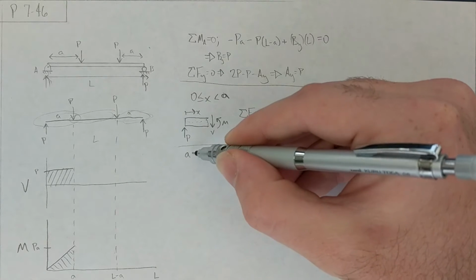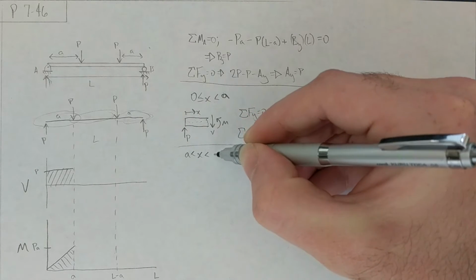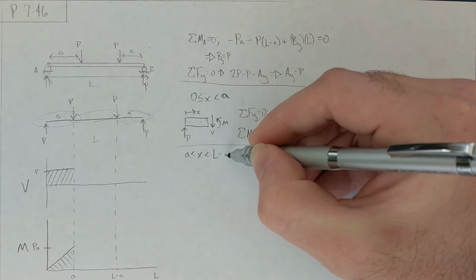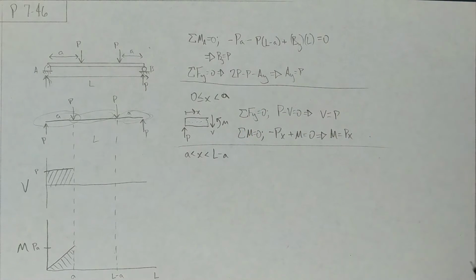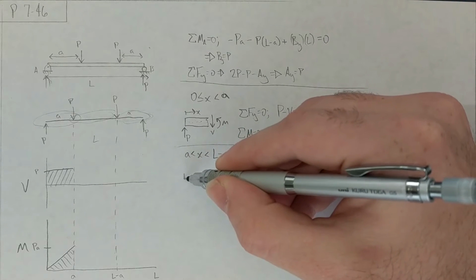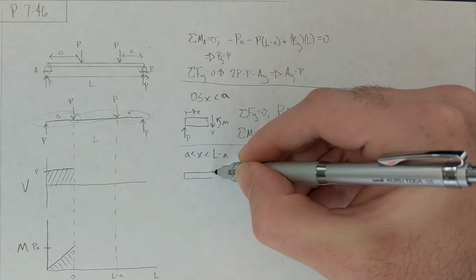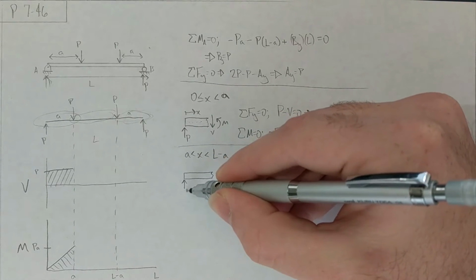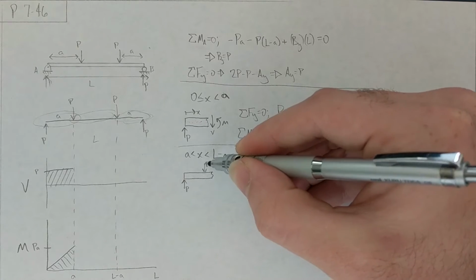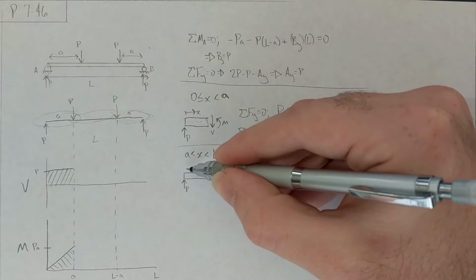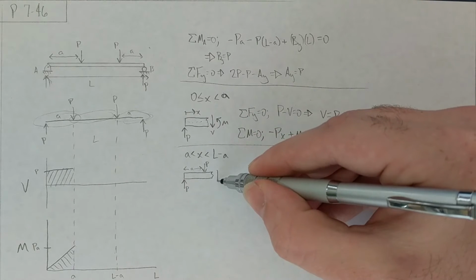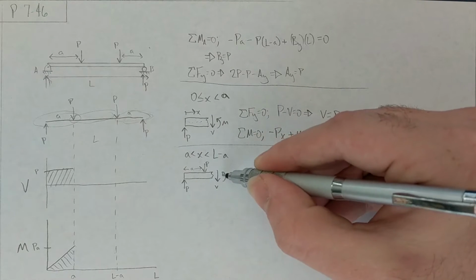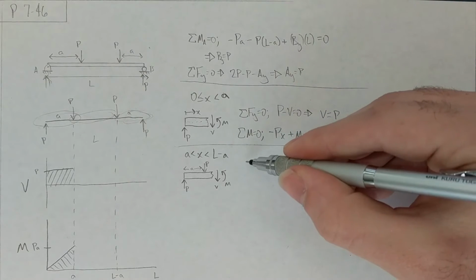Now if we go from A is less than x is less than L minus A, then we can draw our section out, so it's going to look something like this, where we have a P and another P, distance A. Alright, and then we have, per usual, our V and our M. Okay?